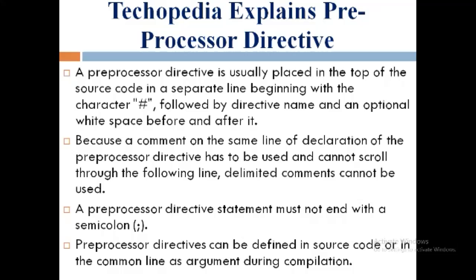Because a comment on the same line of declaration of the preprocessor directive has to be used and cannot scroll through the following line, delimited comments cannot be used. A preprocessor directive statement must not end with a semicolon. Then the preprocessor directives can be defined in source code or in the command line as argument during compilation.